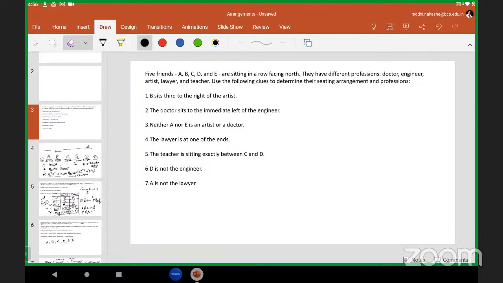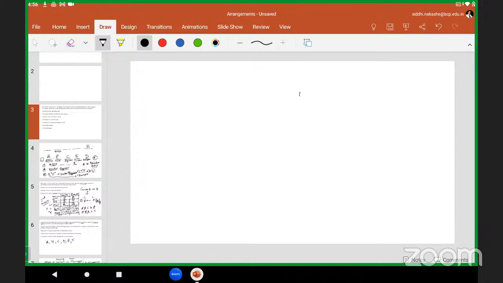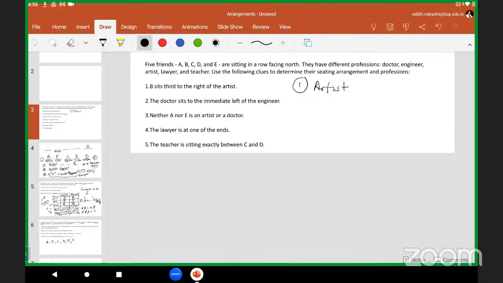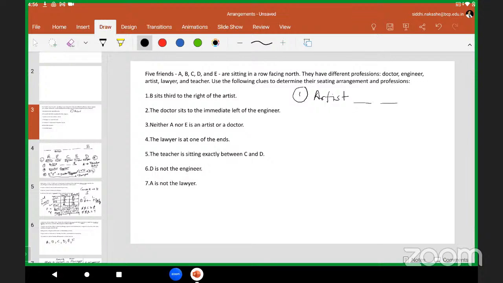So we'll write down the first condition, that B sits third to the right of. Okay. Second is doctor sits to the immediate left of engineer.